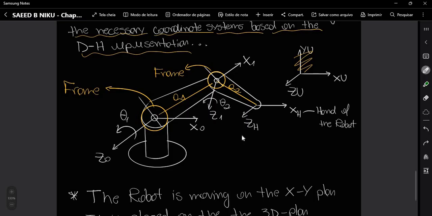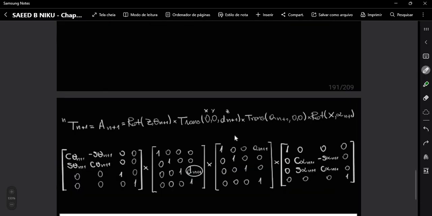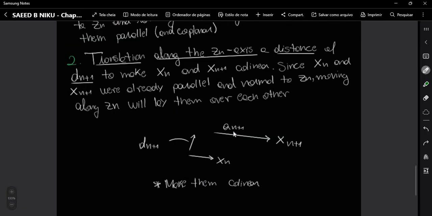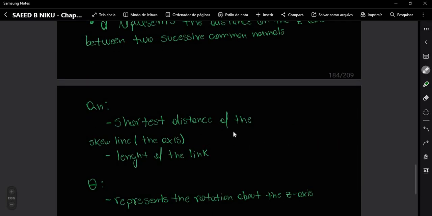The common normal, as we already saw, can be the shortest distance between two skew lines or the length of a link.